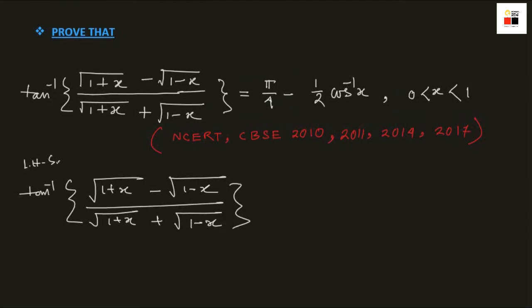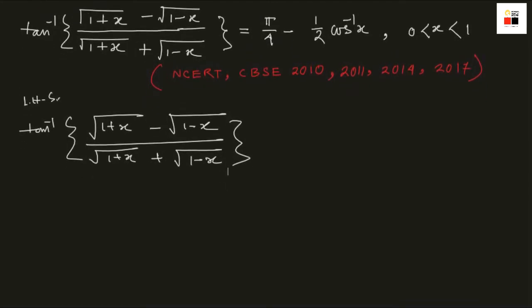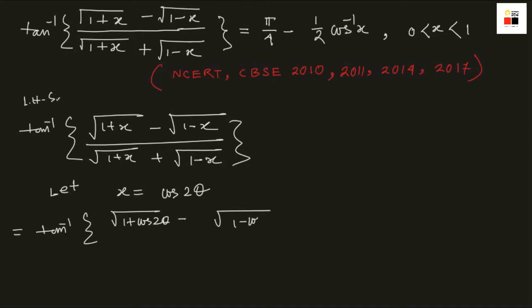We can take x equals cos 2 theta. Let x equals cos 2 theta. Tan inverse of under root 1 plus cos 2 theta minus under root 1 minus cos 2 theta, divided by under root 1 plus cos 2 theta plus under root 1 minus cos 2 theta.